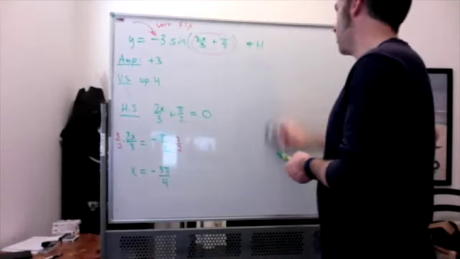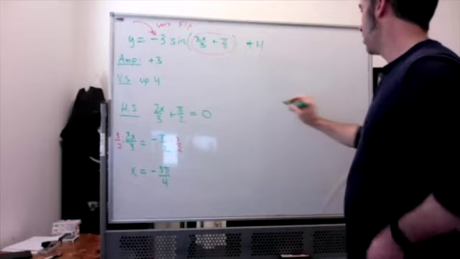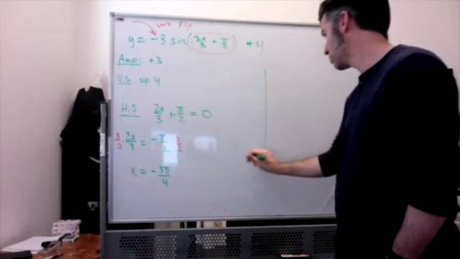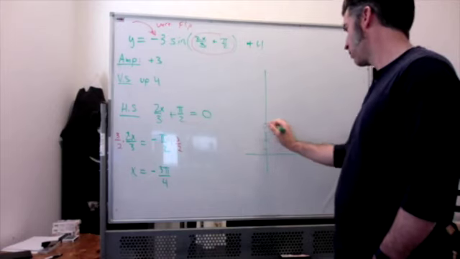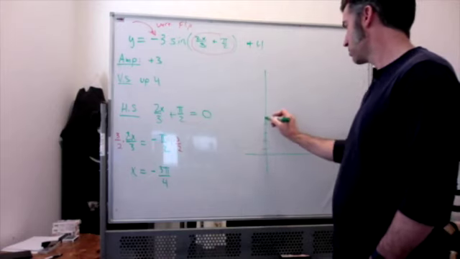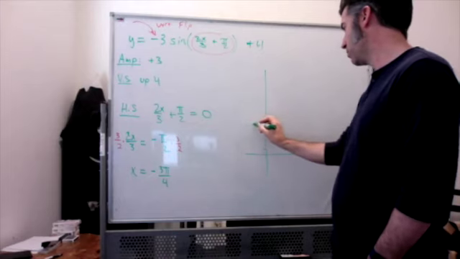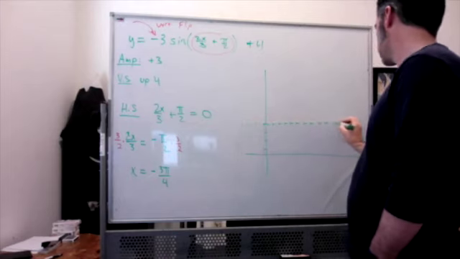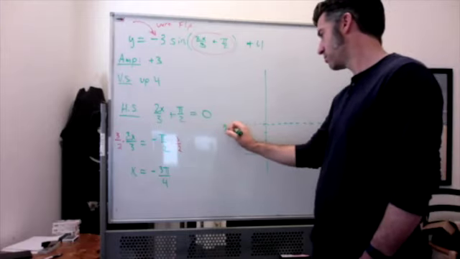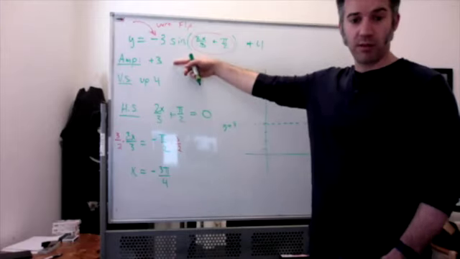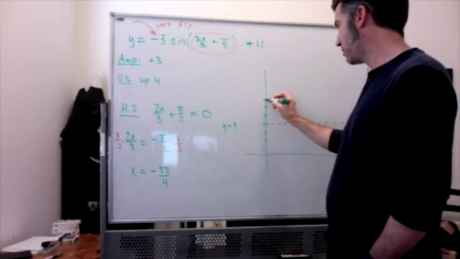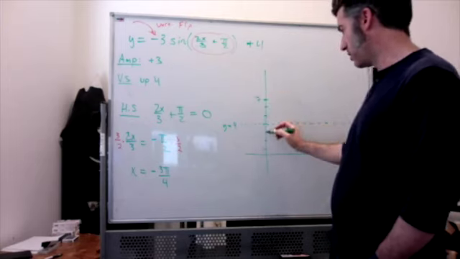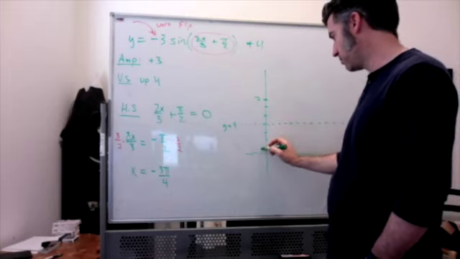So here's what I already know. I know that my graph is going to be shifted up 4. So 1, 2, 3, 4. And then that's my new middle. And my amplitude being 3 means I'm going to go as high as 3 above that at 7, and as low as 3 below that at 1.